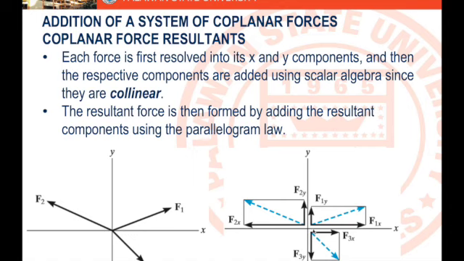And the answer would be a force in the x direction and a force in the y direction, which again we can find the resultant for, as well as the direction. The resultant force is formed by adding the components using parallelogram law. In this case, since they are rectangular components, we can simply use the Pythagorean theorem.